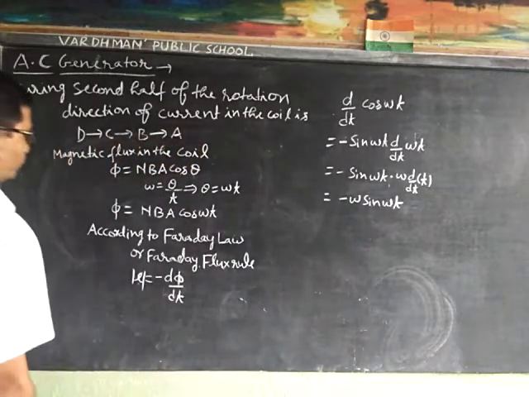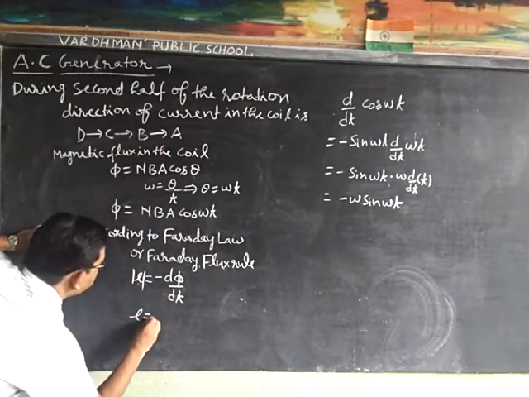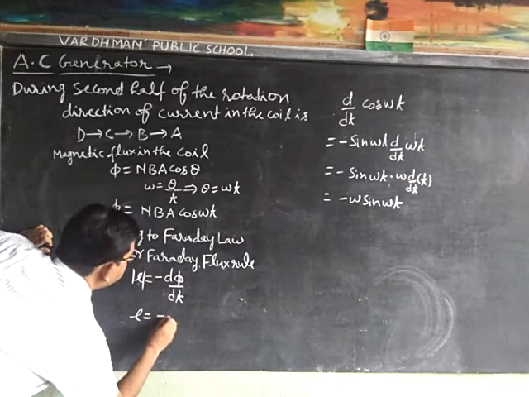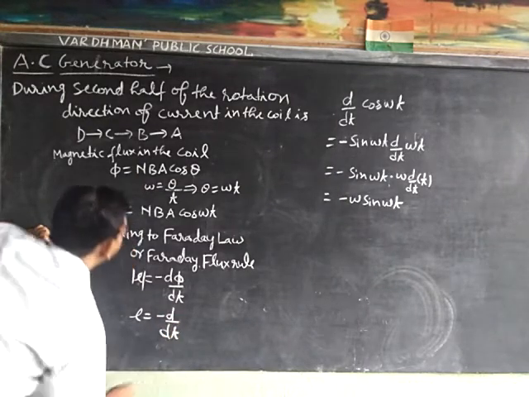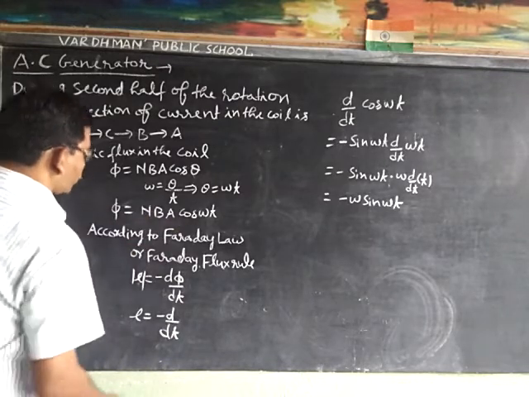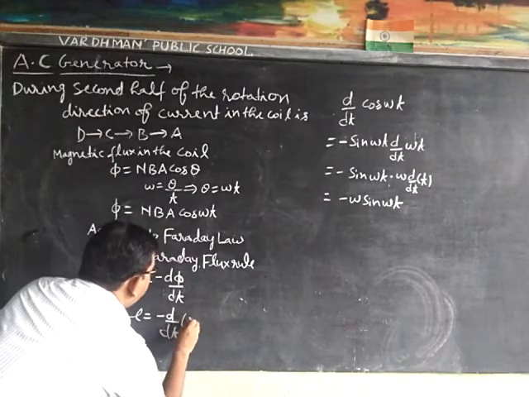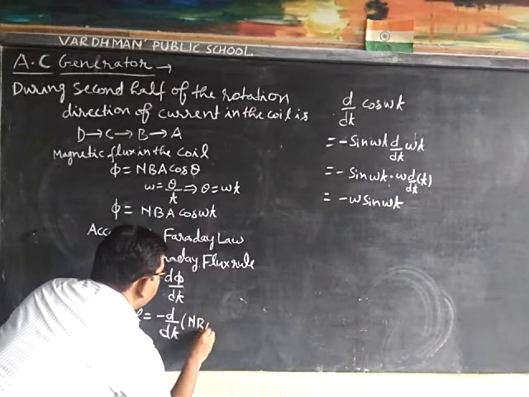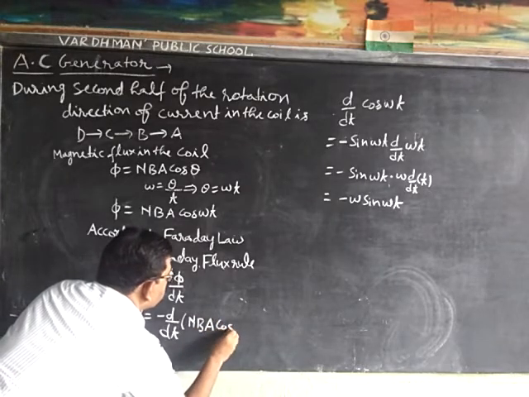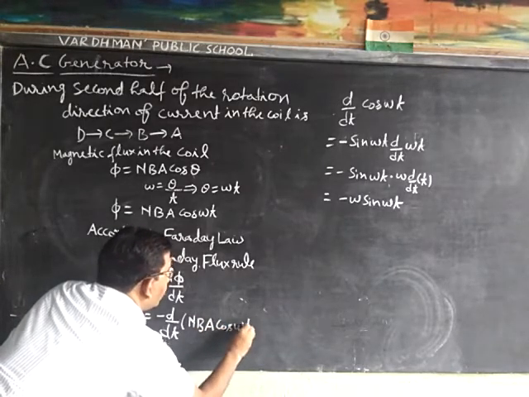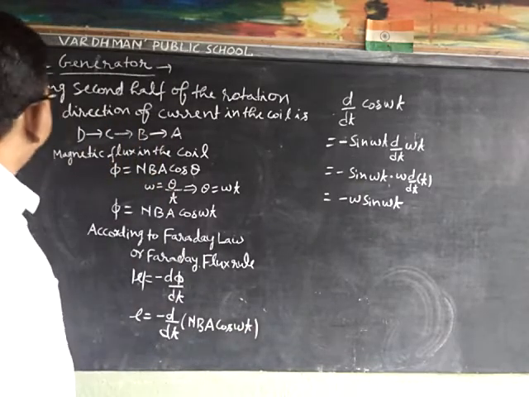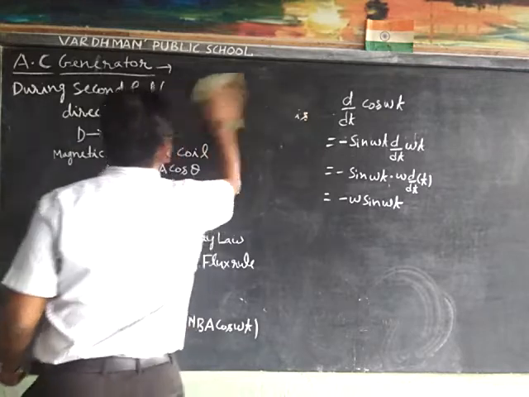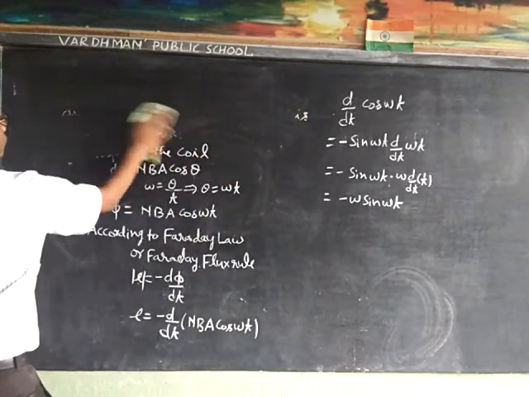Therefore E is equal to minus d upon dt of NBA cos omega t.